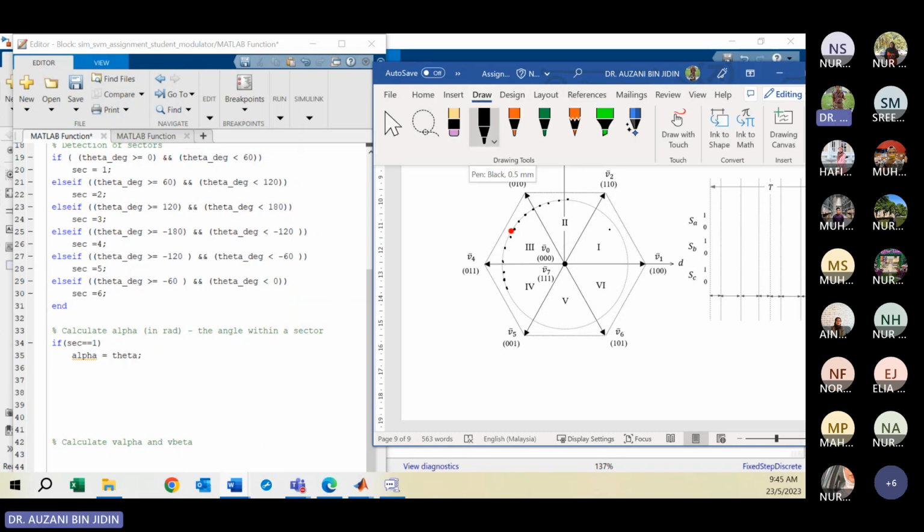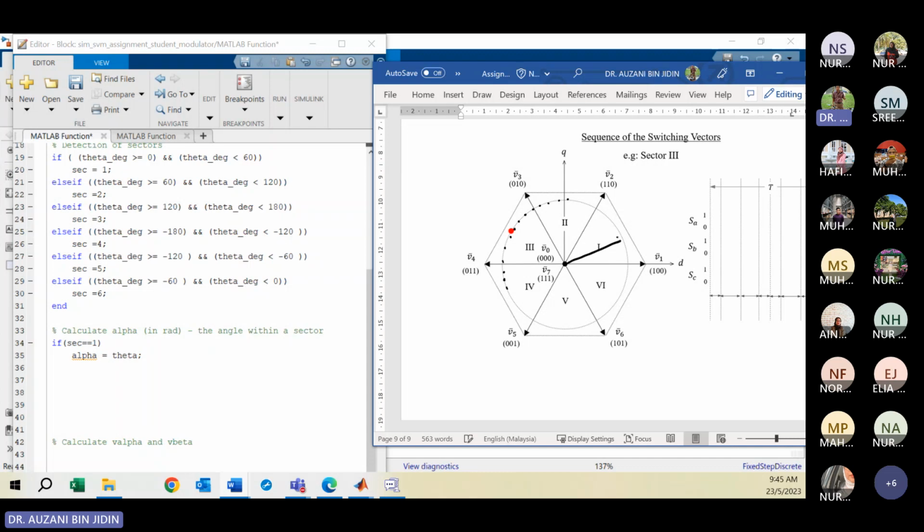If your V is located in sector number 1, firstly you need to identify what is VA, the first adjacent vector to be selected within a switching period. Someone give the answer, V1 or V2? V1, so your V1 will be VA.